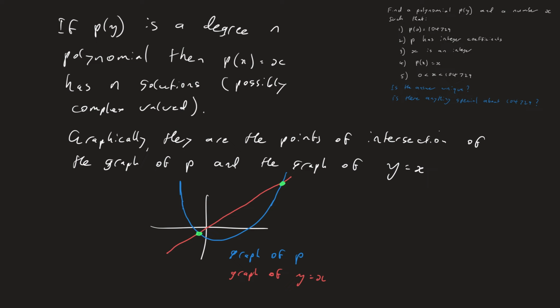Taking this broader perspective, though, makes today's problem look more intriguing, because if we remove the integer requirements in the problem, then if p of y is a degree n polynomial, then p of x equals x has n solutions, possibly complex valued. And here we're looking for just a unique solution.